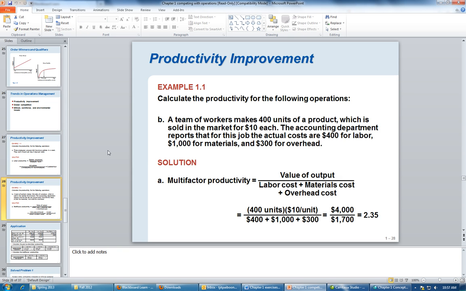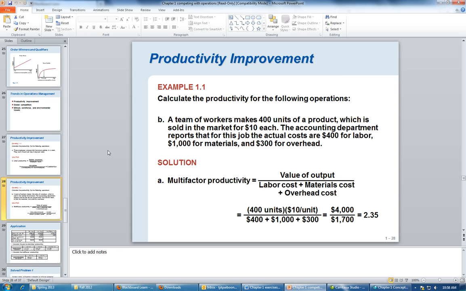This process has 3 inputs: $400 for labor, $1,000 for materials, and $300 for overhead. When you take output divided by input, you must convert output into dollar amounts. Therefore, multi-factor productivity has no unit. In this example, it is equivalent to 2.35.